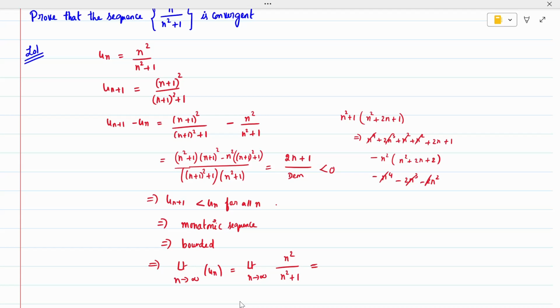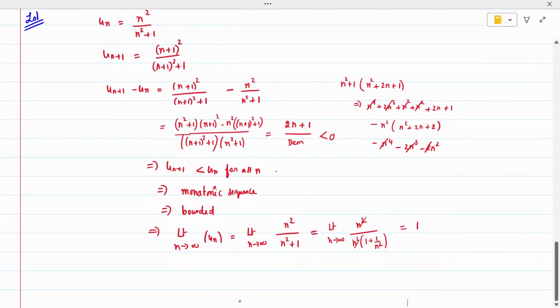Before applying the limit infinity directly, you should not apply it. What is the rule? Before applying n tending to infinity, take the common term in the numerator and in the denominator also take the common term, and make it as 1 by this. So that way you have to write it. So the answer is 1.